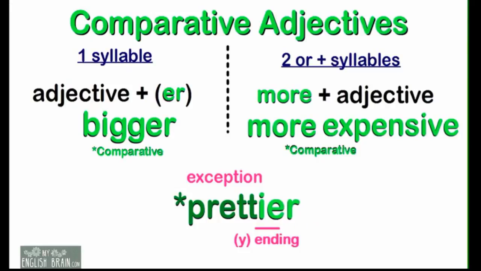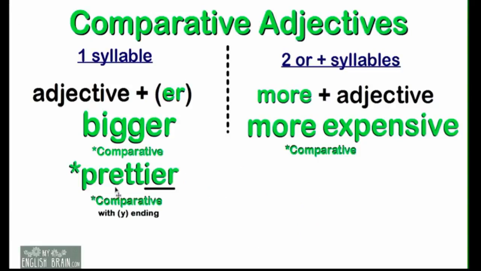So the comparative adjective is prettier. Remember, for one syllable, we use the adjective and er, bigger, but for Y-ending adjectives, we use IER. For example, prettier, the comparative with a Y ending.